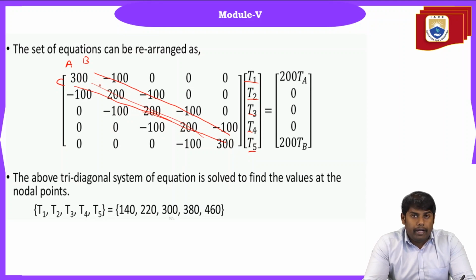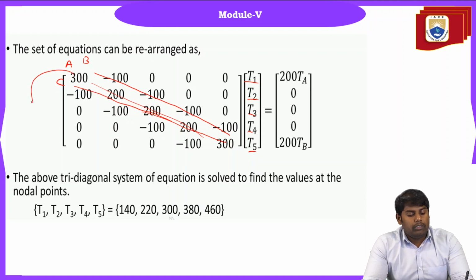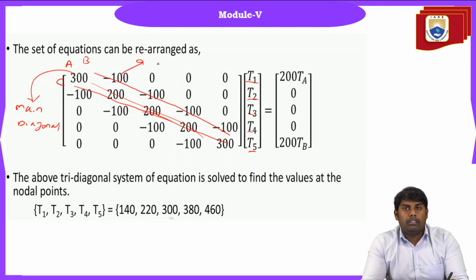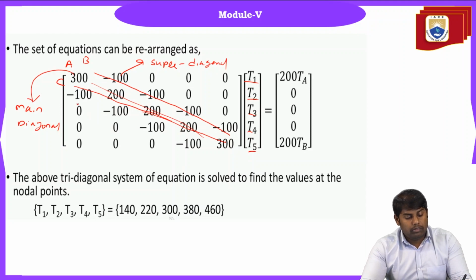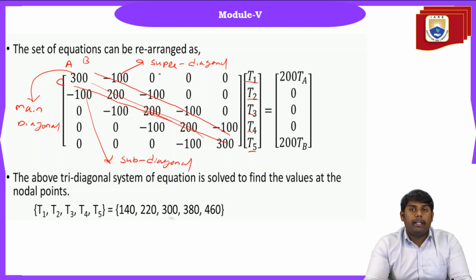Since we have one main diagonal, a super diagonal, and a sub diagonal. So we have the super diagonal, the main diagonal, and the sub diagonal.